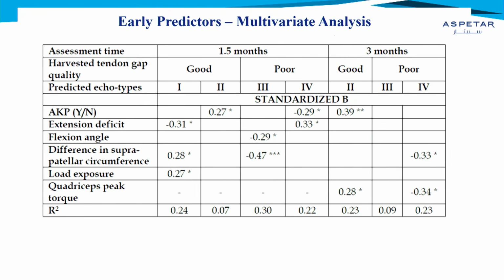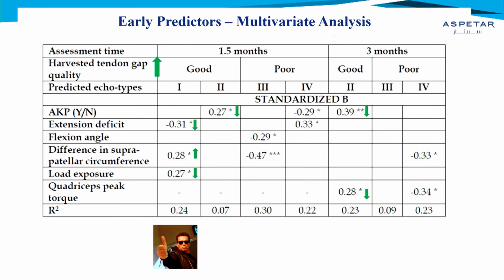Anyways, then in the study of early predictors, we observe that better tendon quality, better gap quality, was related to reduced extension deficit, increased difference or more swelling actually, reduced load exposure and absence of anterior knee pain.